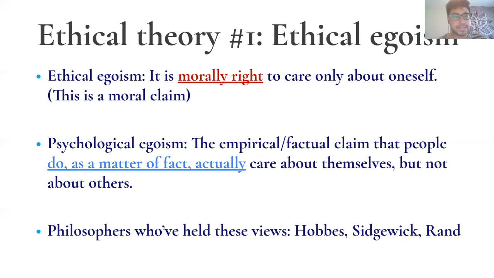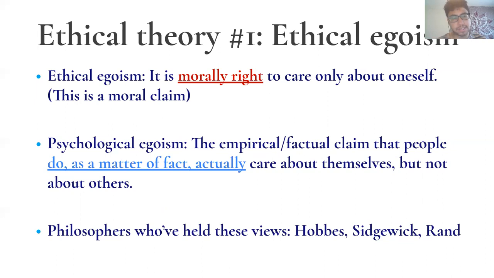Ethical egoism is an ethical or moral theory about what makes right things right and wrong things wrong. So ethical egoism is a claim, a moral claim, that it's morally right to care only about oneself. This is contrasted with psychological egoism. As we mentioned in our previous slide, psychological egoism will be a factual question.